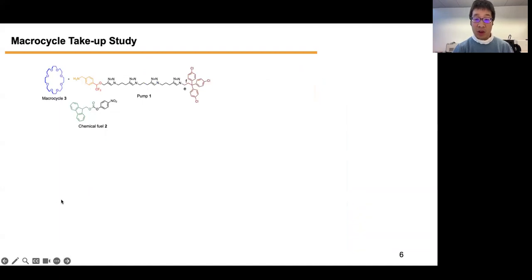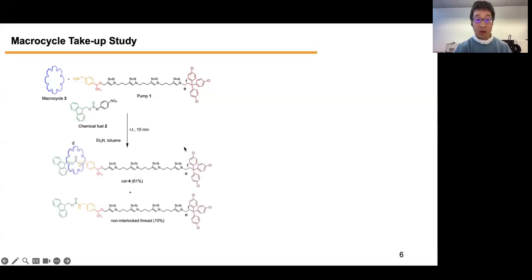So for realizing this system, we first studied each step of the operation cycle independently, and then combined everything together. So the first step was the macrocycle take-up. For studying this, we mixed these three species and saw what happened.